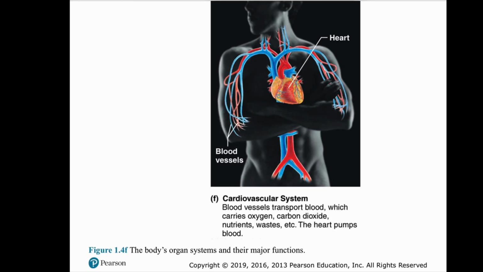The cardiovascular system's major organs are the heart, the blood vessels, and blood. Functions are the distribution of blood cells, water, and dissolved materials, such as nutrients, waste products, oxygen, and carbon dioxide. Another function is the distribution of heat and the control of body temperature.